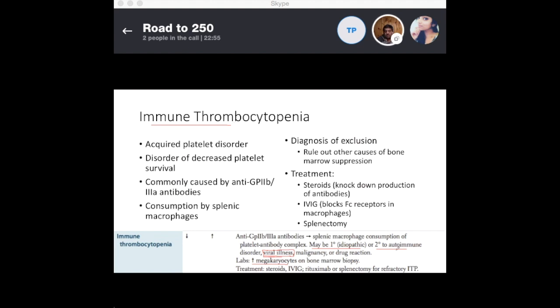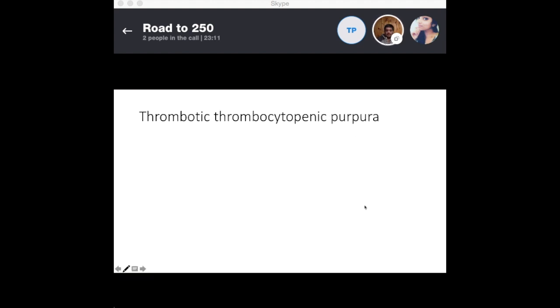So you want to make sure that you also know that it's secondary to other autoimmune disorders. And then in labs, you're going to see an increase in the megakaryocytes on bone marrow biopsy. And then the treatments are the same. All right, and then we'll move forward to, oh, by the way, ITP is an acquired disorder. It's not an inherited disorder. So just an addition there.